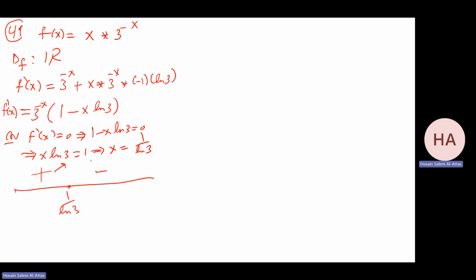So it's increasing, then decreasing. It's increasing from minus infinity to 1 over ln 3 and decreasing from 1 over ln 3 to infinity. So there is a local maximum at x equal 1 over ln 3.